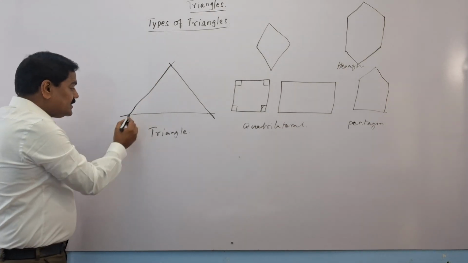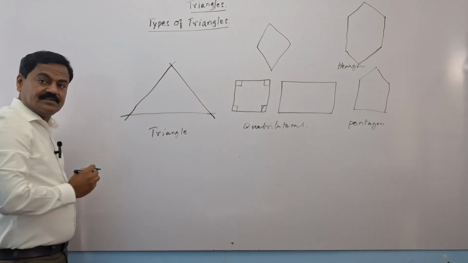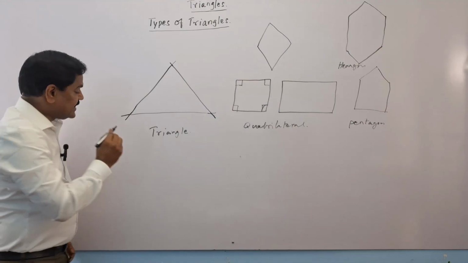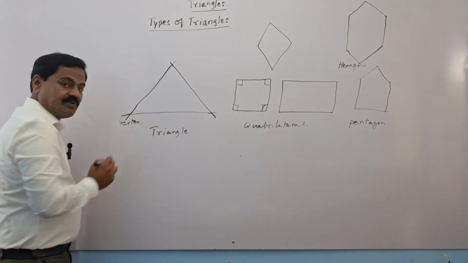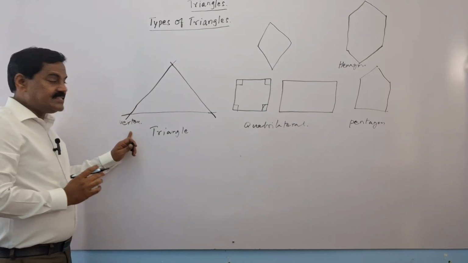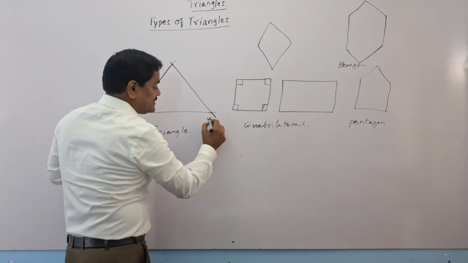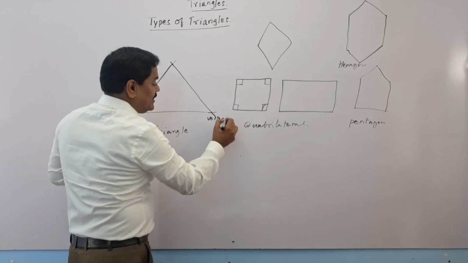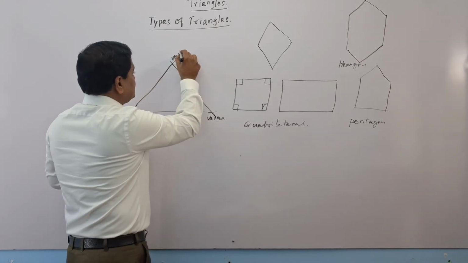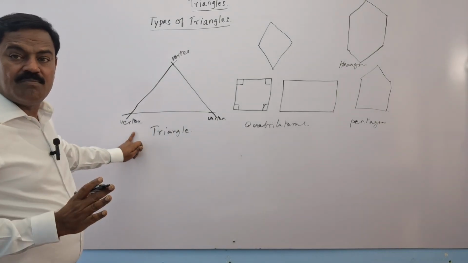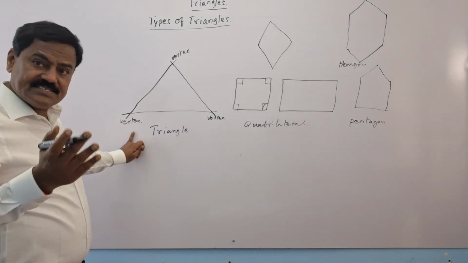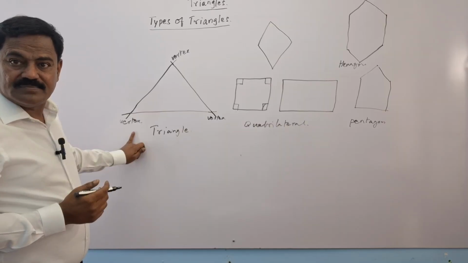The point of intersection is called a vertex. Here one vertex is there, here one vertex is there, and here one vertex is there. Vertex is the singular form and vertices is the plural form.